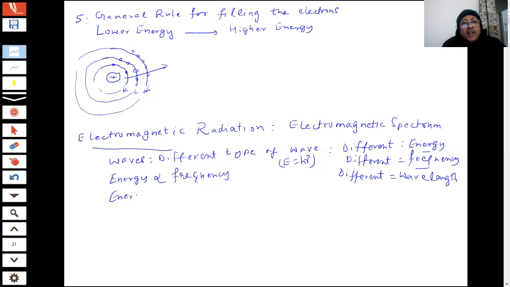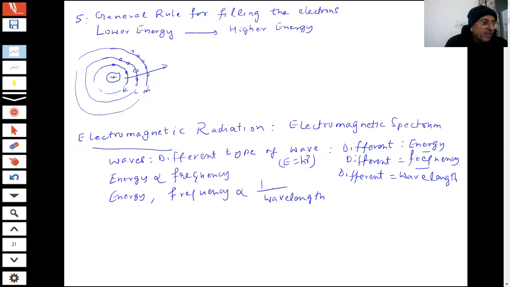And energy, or you can say frequency, is inversely proportional to wavelength. Longer the wavelength, lesser the energy of the wave, lesser the frequency. I think you are familiar with these things already, students.